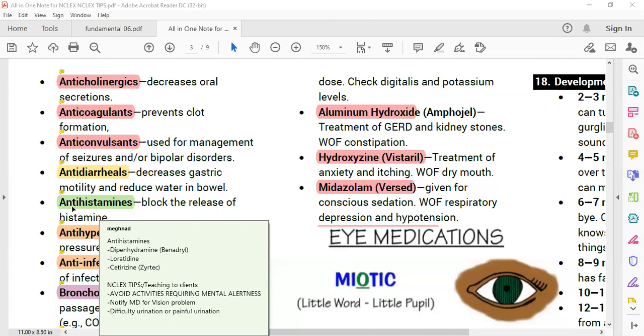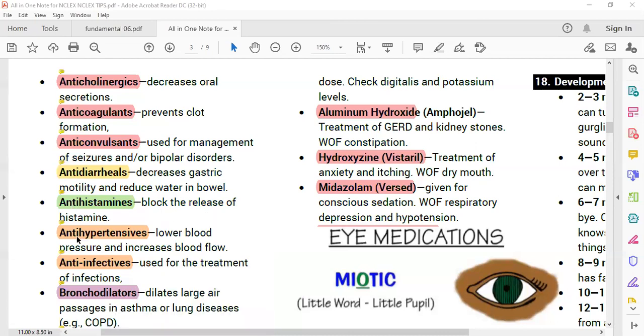Cetirizine or fexofenadine also can cause dry mouth or tachycardia like loratadine. It is good to take on an empty stomach because food blocks the absorption of cetirizine or fexofenadine. They also cause drowsiness, and avoid alcohol with cetirizine or fexofenadine.